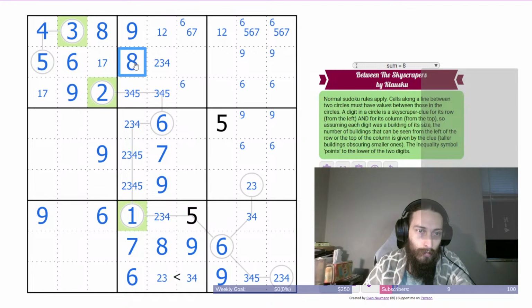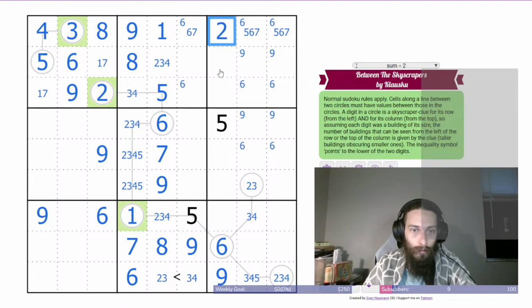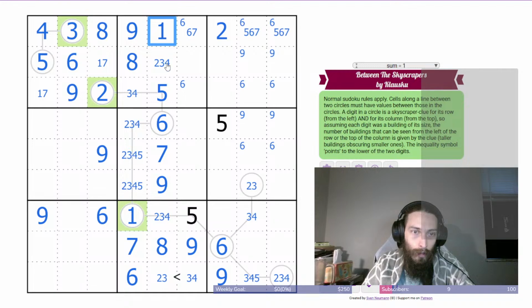Column 5 has a 2, 3, 4 triple. So this is 5 and 1. 2 there. One, whatever that is, 5, 6, 7, 9.